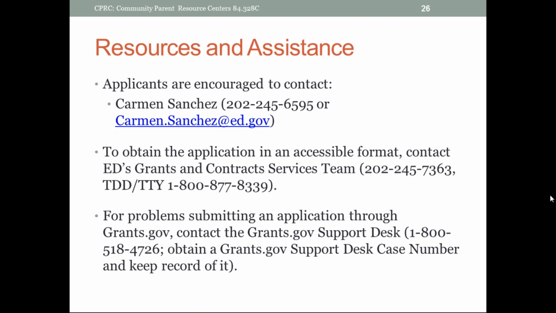There's a question here too about how many new applications will be granted. Well, everybody, let me clarify, even though we currently have 28 CPRCs, and I'm sure many of them will be reapplying, all the 30 that we intend to fund will be new, in the sense it will be a new cycle. Currently funded CPRCs are competing for this just as much as people who've never been funded for a CPRC.